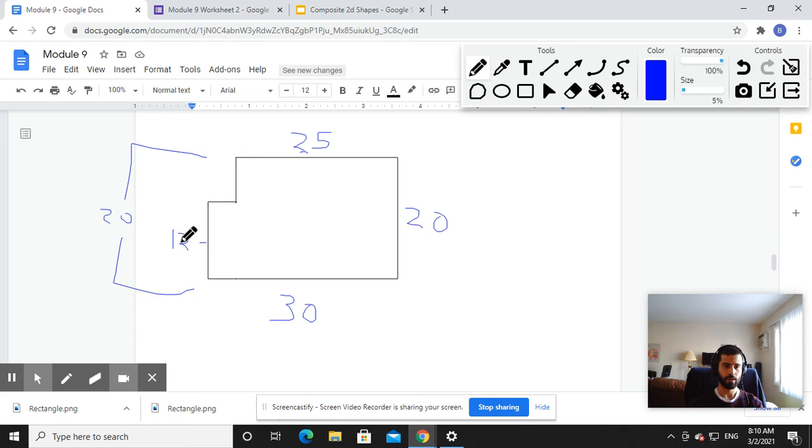So 20 minus 12 makes 8. So this side is going to be 8 right here, 8 units. And then we do the same logic here. This whole side should be 30, but there's this chunk taken out. And this one's only 25 are left. So 30 minus 25 makes 5.